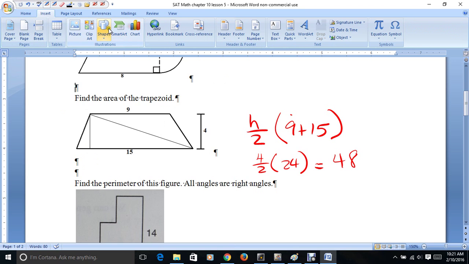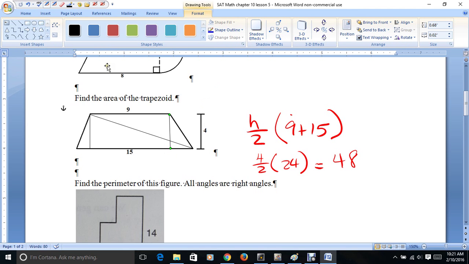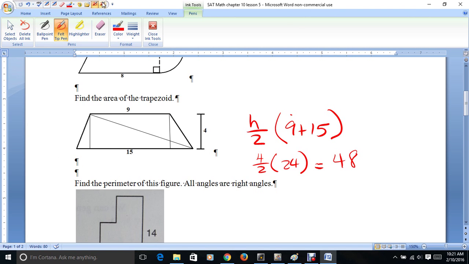Okay, I'm doing this because I'm going to have to find the length of those hypotenuses so that I can figure out how far I've got to go on the sides. Since this whole bottom is 15 and this whole top is 9, and I know that this is 4, is that going to help me find those sides?